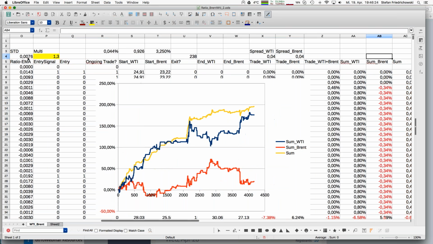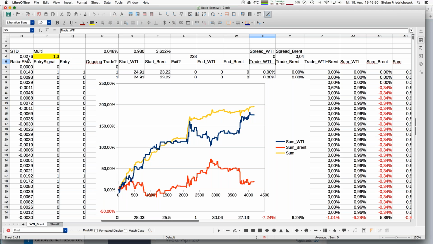Finally, the story here within the Excel sheet goes a little bit further. For example, spreads are considered. If I would set those spreads to zero, that would even increase my trading results. But we know that we have to pay spreads, and therefore those are incorporated into that Excel sheet.